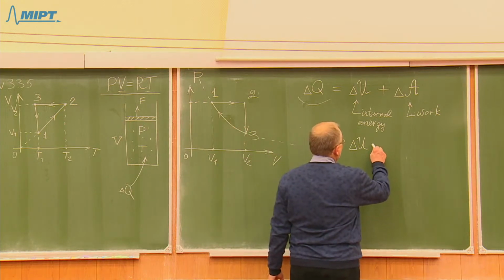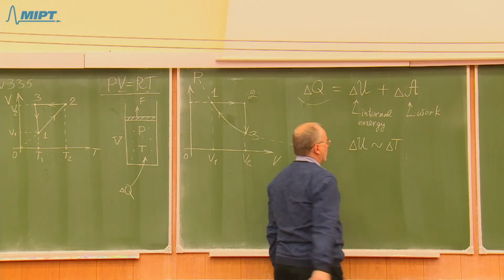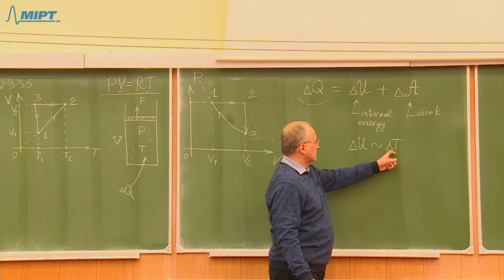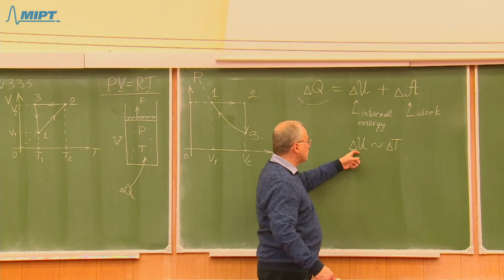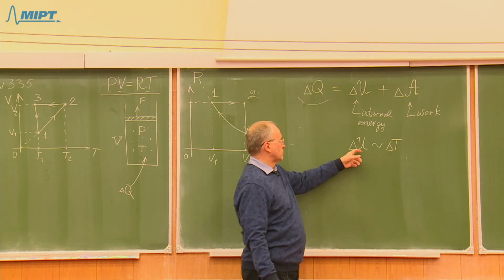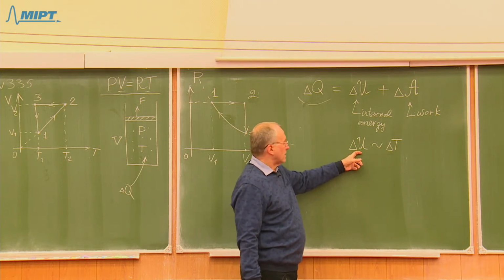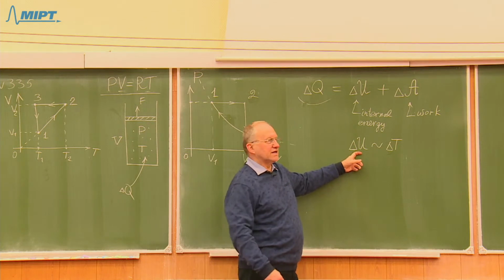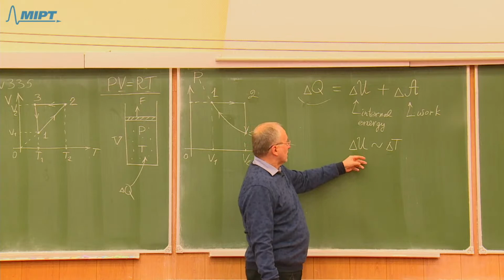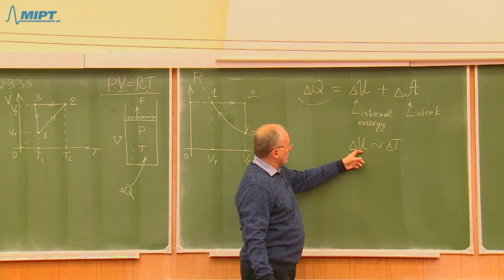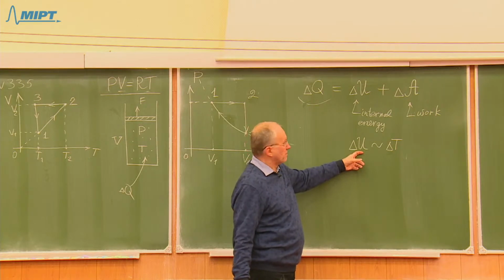So any change in internal energy should be proportional to the change in temperature. If I heat the gas, its temperature will be changed by delta T, and it means that the internal energy of the gas will also be changed, because the internal energy of an ideal gas, we speak about ideal gases now, is actually the kinetic energy of the ideal gas molecules.